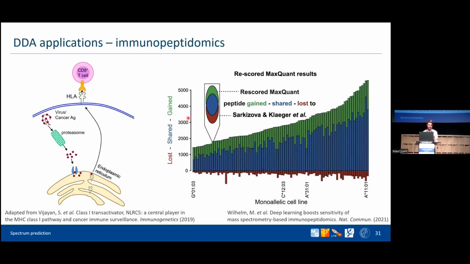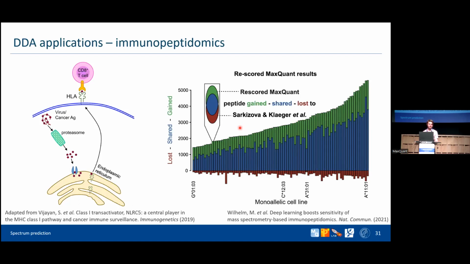As you can see, here the green bars represent the quantities of peptides gained, blue bars peptides shared, and red bars peptides lost compared to the data set before reprocessing. And overall, we were able to achieve on average a striking 1.5-fold improvement in terms of identified peptides. So yeah, that's pretty good.